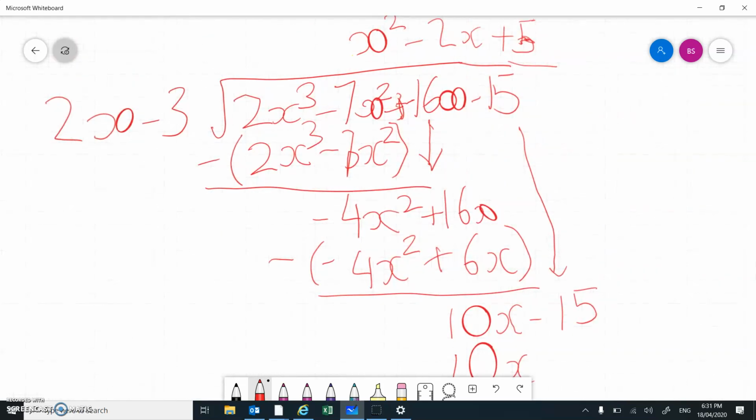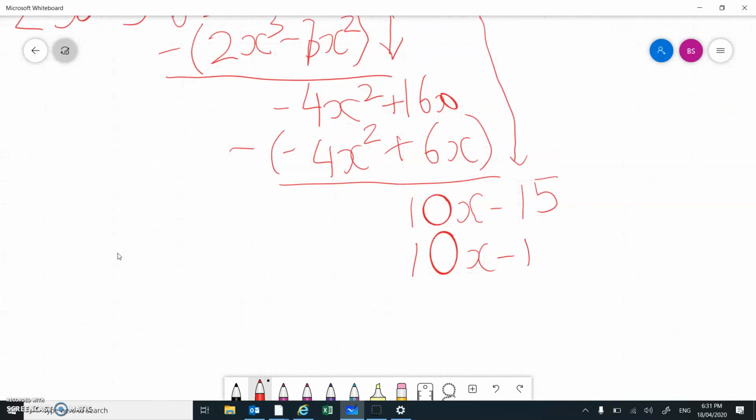And we then multiply the positive 5 by that second term. 5 times minus 3 gives us minus 15. And all of that gives us 0. 10x minus 10x gives us 0. Minus 15 minus minus 15 gives us 0.